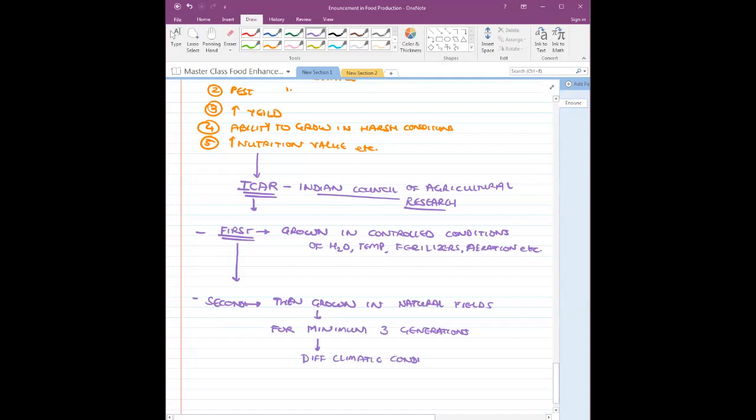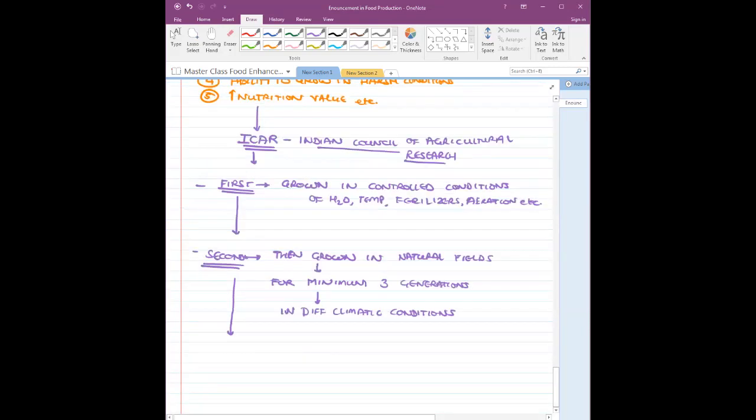And once the plant has passed all these things and it is still going to give you great results, then finally this is going to be released as a new variety by ICAR, which is going to give you a certificate stating that yes, you have come up with a new variety, and then you can use it.